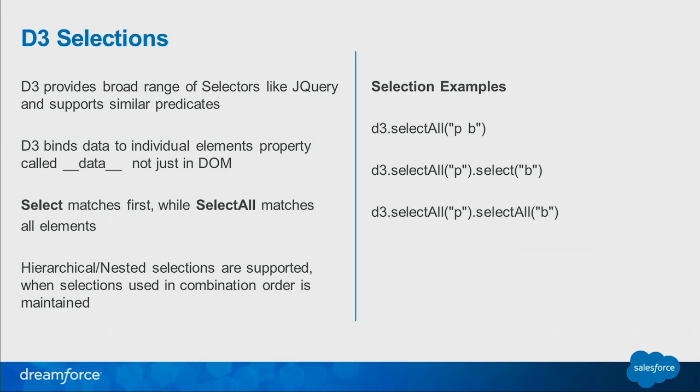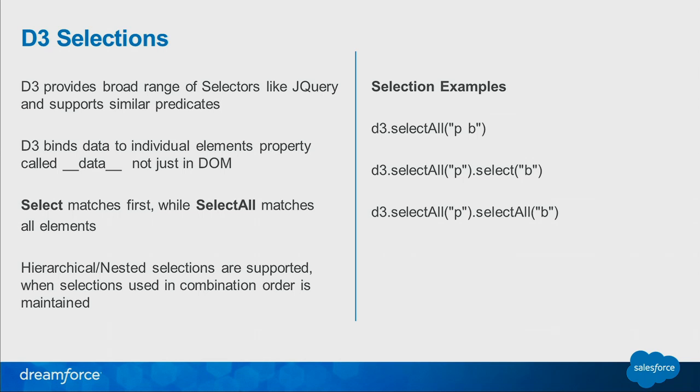And one more thing D3 does: if you have an array of data and you are trying to append it to a list of elements in the DOM, D3 stores all these values in a special property called __data__. This is the attribute we later use for doing any calculations.